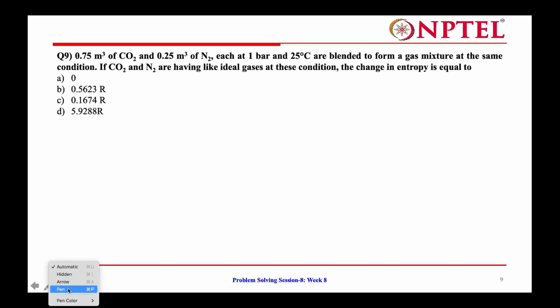Question 9. 0.75 meter cube of CO2 and 0.25 meter cube of N2, each at 1 bar and 25 degrees Celsius, are blended to form a gas mixture at the same condition. If CO2 and N2 behave like ideal gases at these conditions, the change of entropy is equal to.